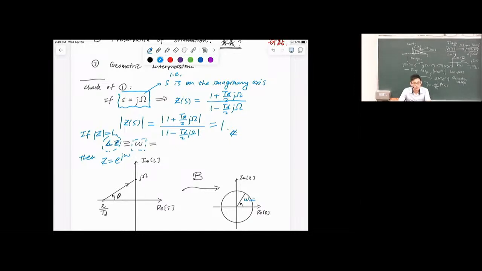It should be the angle of 1 plus Td divided by 2 j omega minus the angle of 1 minus Td divided by 2 j omega.